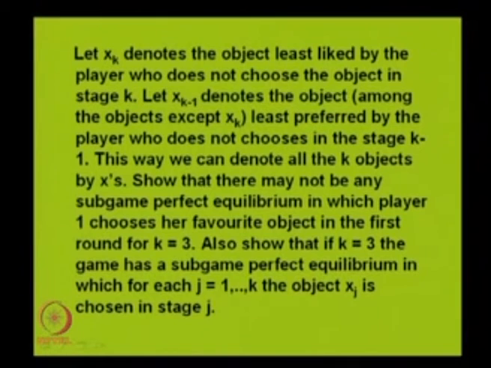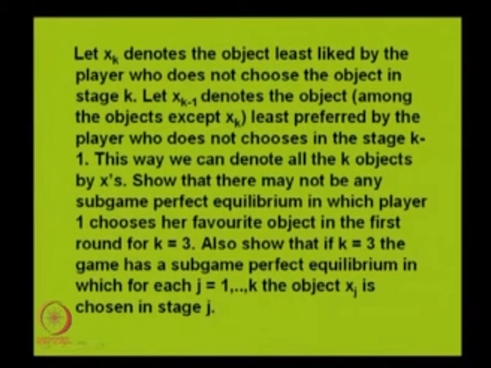Let xk denote the object least liked by the player who does not choose the object in stage k. Let xk minus 1 denote the object, among the objects except xk, least preferred by the player who does not choose in stage k minus 1. This way we can denote all the k objects by x's.